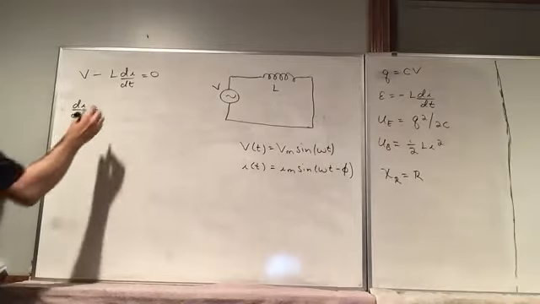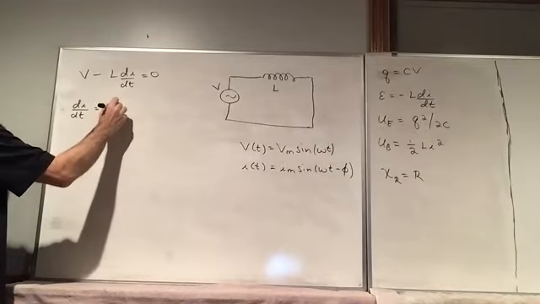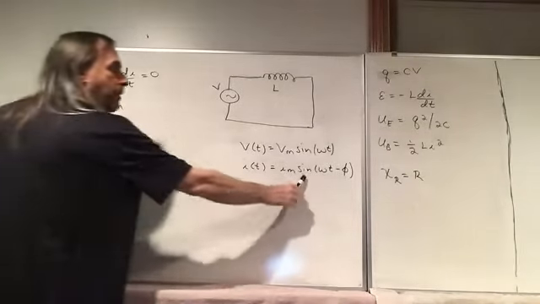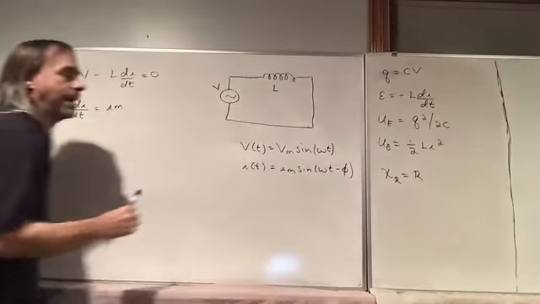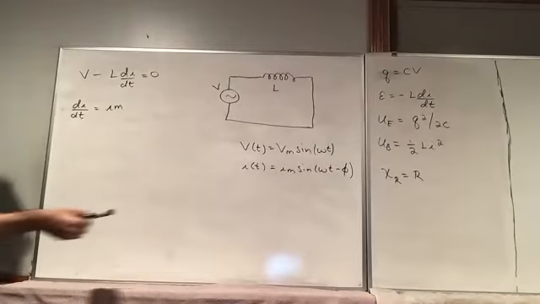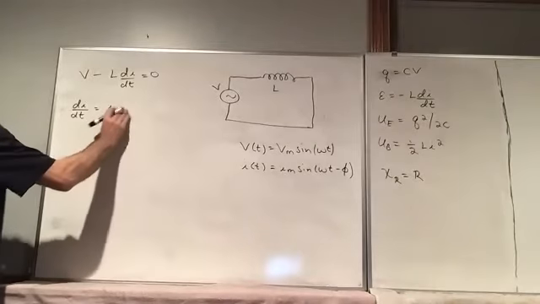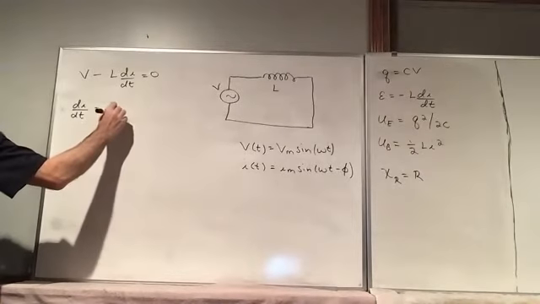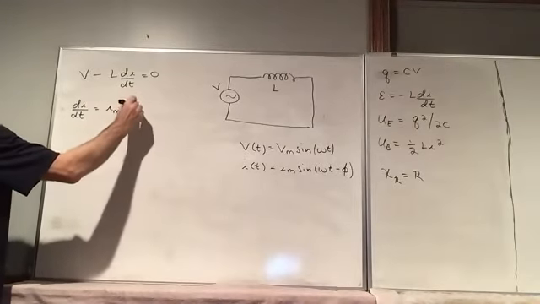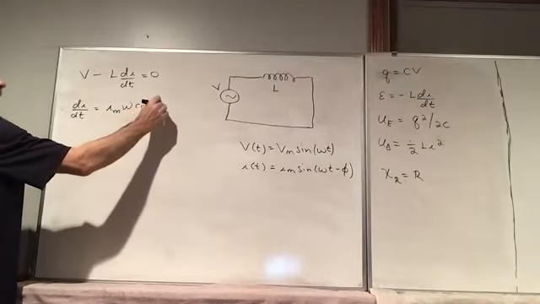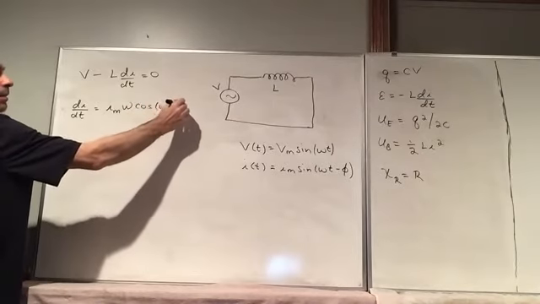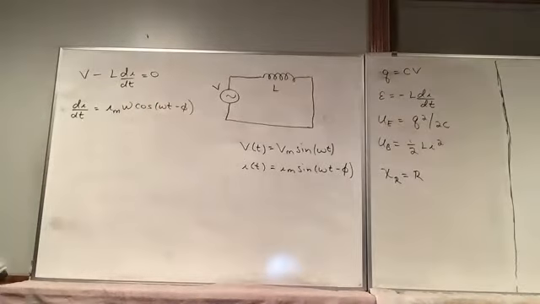Taking the derivative, basically we have I max. Taking the derivative of sine will give us a cosine, but then we have to take the derivative of what's inside the parentheses, so that'll bring out an omega. And then we have cosine of omega t minus phi. Okay, so we're done there.